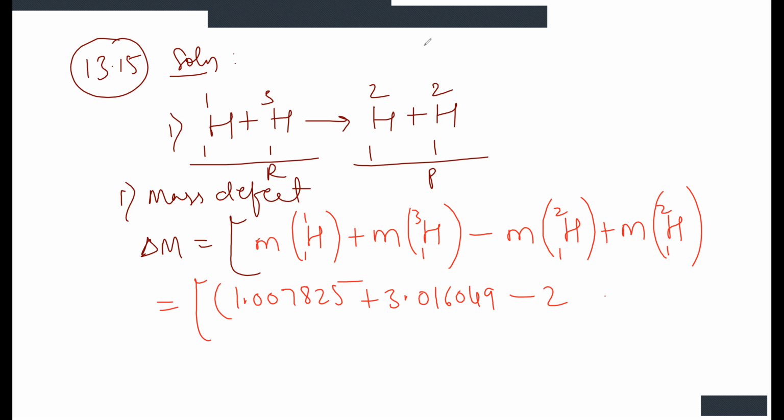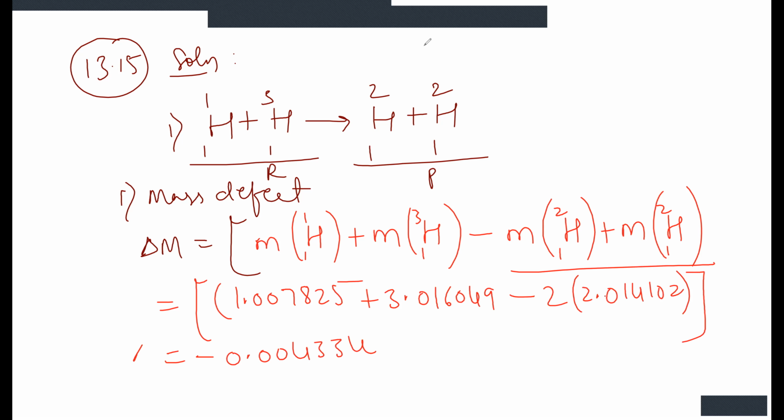And here 2 hydrogens are there, so 2 into the mass of hydrogen 2, 2.014102. If you simplify this, how much are we getting? Minus 0.00433 atomic mass unit. That is the value of delta M. Same thing, the Q value is calculated by using the formula delta M into 931.5.